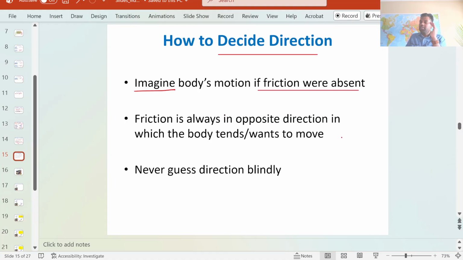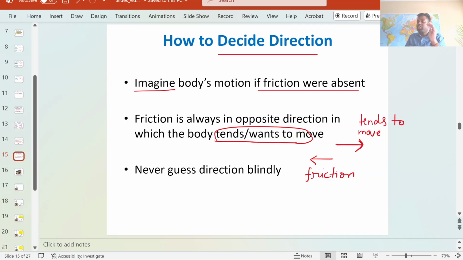And if the body tends to move this way, it wants to move this way, then the friction will be the opposite direction. This is movement tendency. So tends to move, or the body wants to move in that direction.